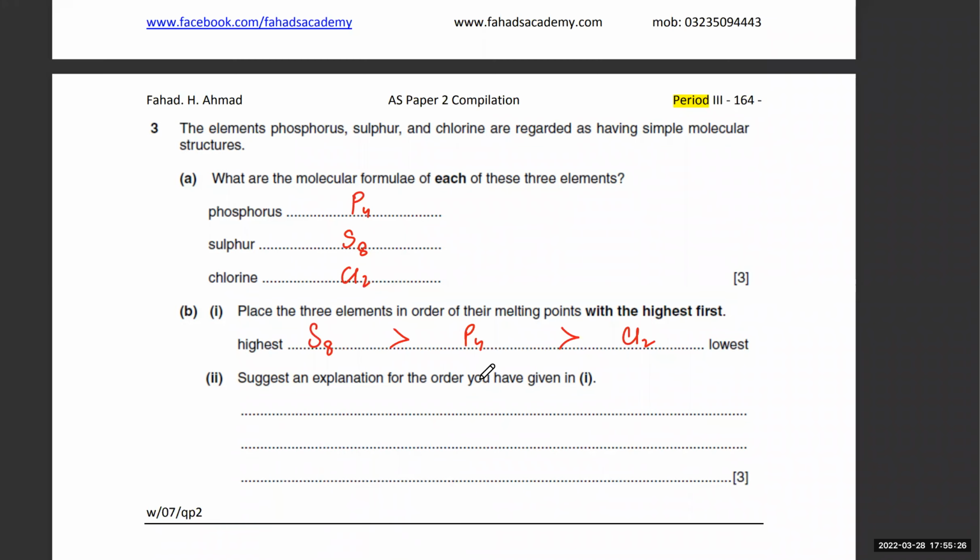The next thing is explanation for the order. Explanation is bigger molecules have more Van der Waals forces. Bigger molecules have more electrons.